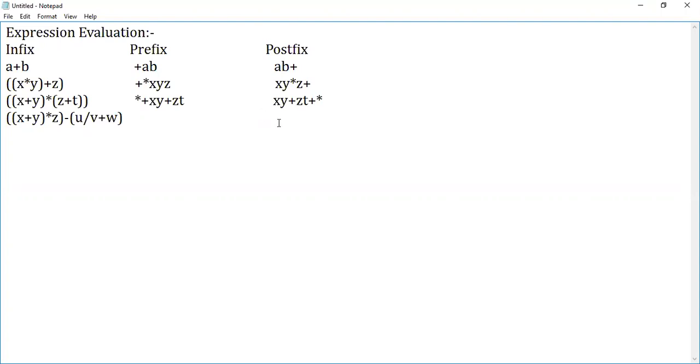I guess it is clustered properly, right? Open, close, open, close. Okay, fine. Start doing this for prefix first.